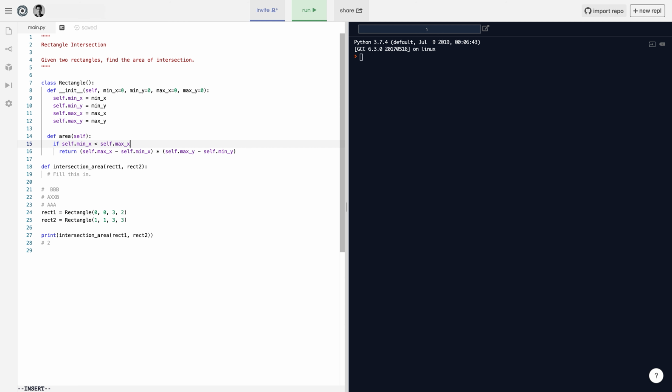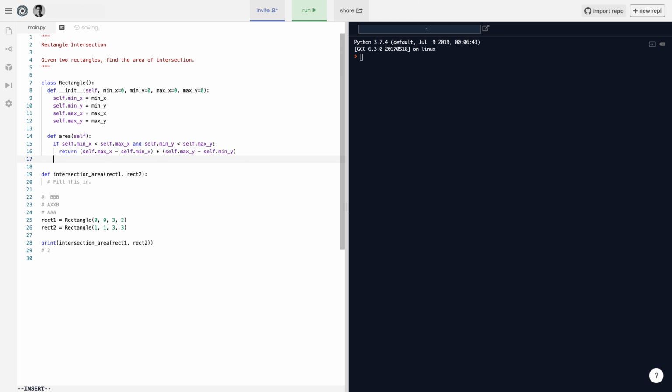The same thing with y. And if it doesn't satisfy that, we'll just return 0 as the area, because it's either not a rectangle or it has a 0 area.